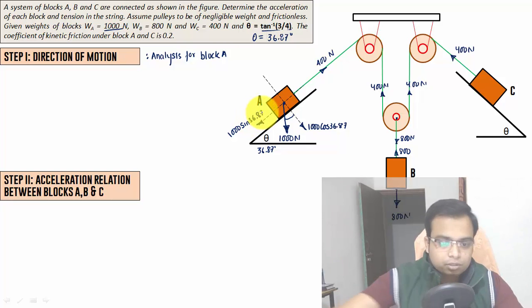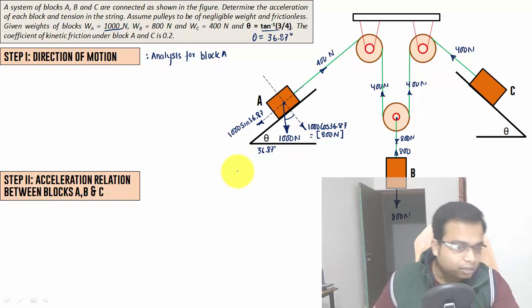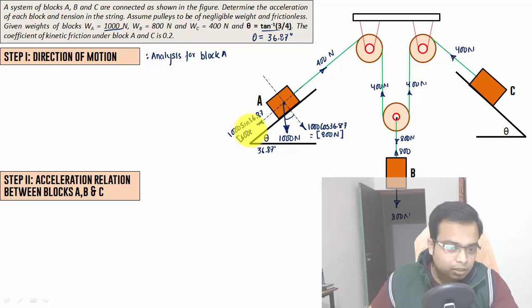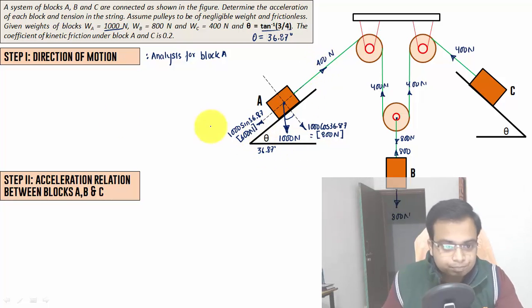Let me check how much this value is. 1000 cos 36.87 is working out as 800 newtons, and 1000 sine 36.87 is going to work out as 600 newtons. Well, that's it. So the tension over here is 400, and this is the sine component of the weight.